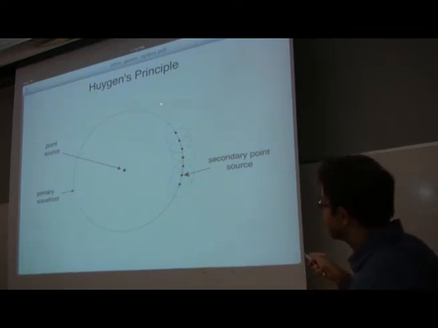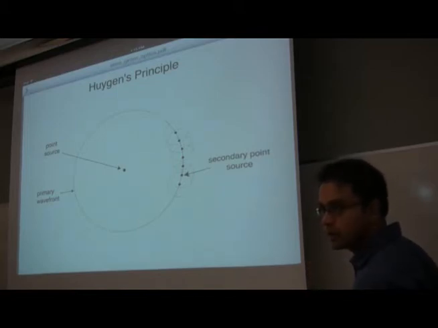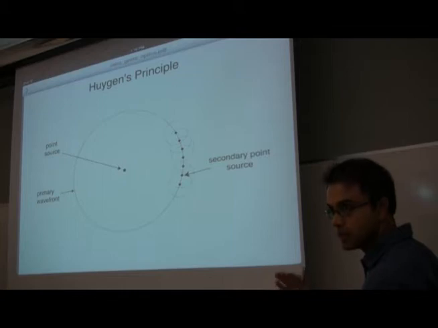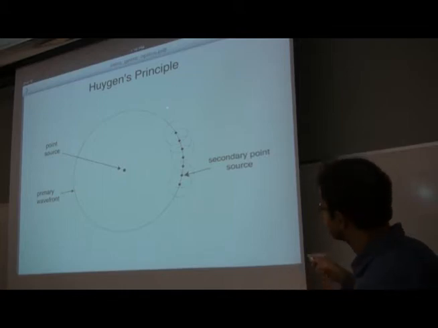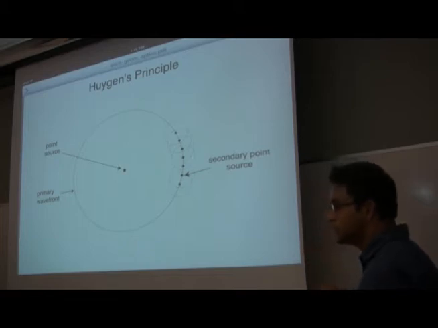The effect of all these spherical wavefronts that come out of each of these points, if you add them all up with the right phase, because remember, phase is important because now we're talking about wavefronts, you will get another envelope to all these little spherical wavefronts.